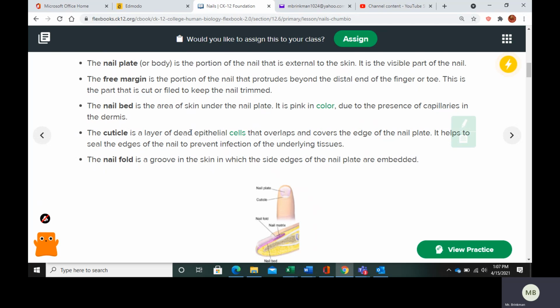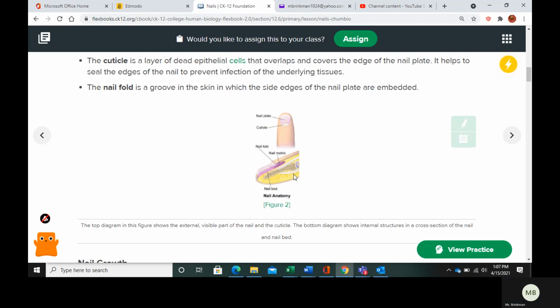Cuticle is a layer of dead epithelial cells that overlaps and covers the edge of the nail plate. So here we go, cuticle, right down here. And then the nail fold is a groove in the skin, like right here, in which the side edges of the nail plate are embedded.